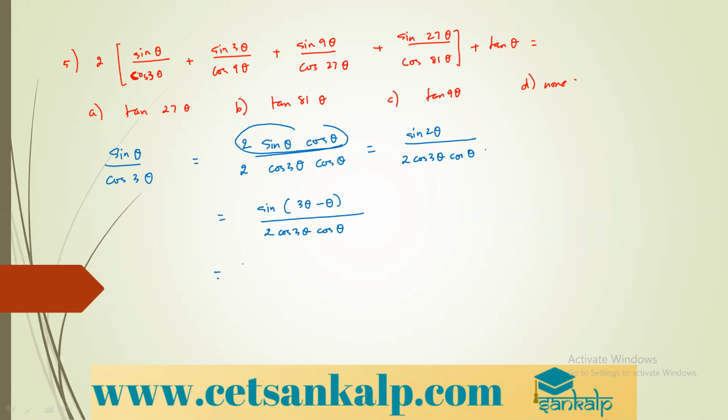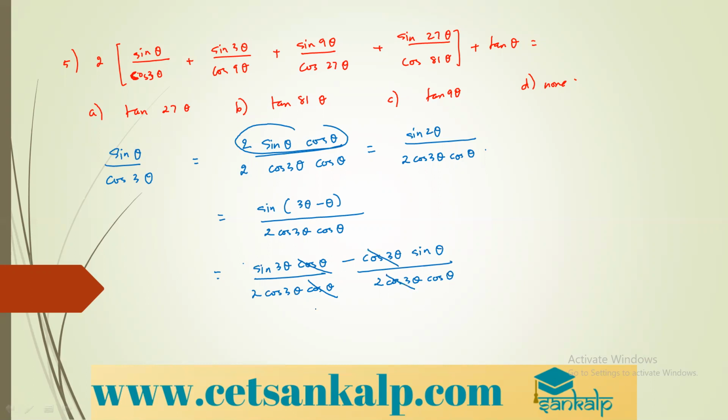Now I will use the sine (A minus B) formula, that is sine A cos B minus cos A sine B, and I divide both by 2 cos 3 theta cos theta. So here cos theta will cancel.